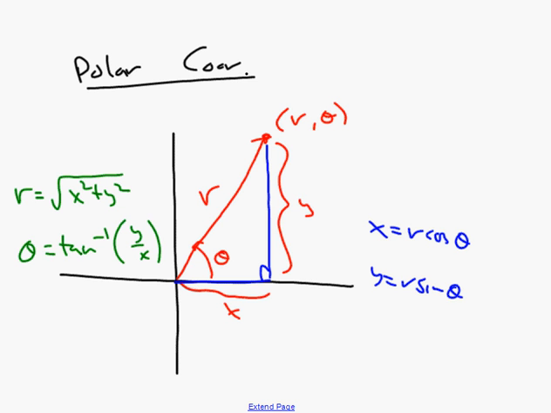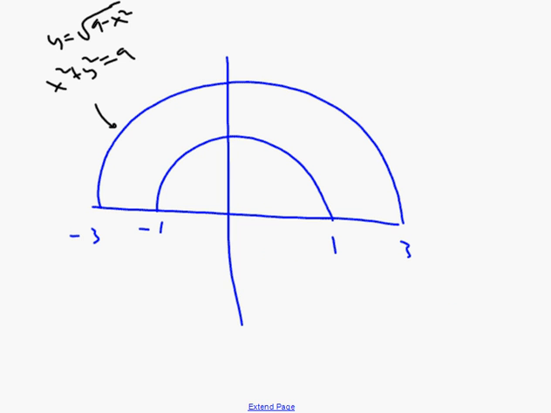But what does this have to do with describing this region? Well, when we think about trying to describe this in polar coordinates, let's think about all our r values. The r values are points that are in here. For every one of these points, the distance between the origin and those points has to be between 1 and 3.